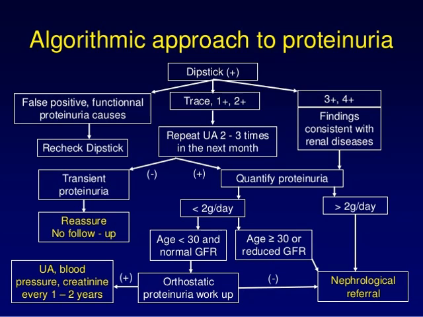If it is transient, just reassure. If it is persistent, we have to quantify proteinuria. If dipstick is +3 or +4 from the start, we also have to quantify. Proteinuria less than 2 grams can be extra or non-glomerular hematuria, but proteinuria more than 2 grams is usually of glomerular origin and necessitates nephrological referral.